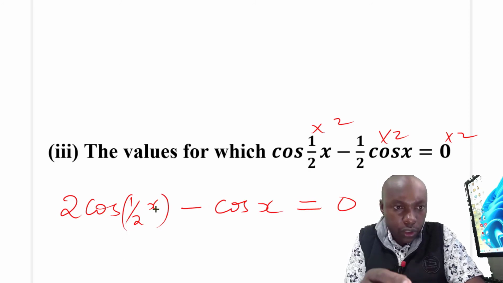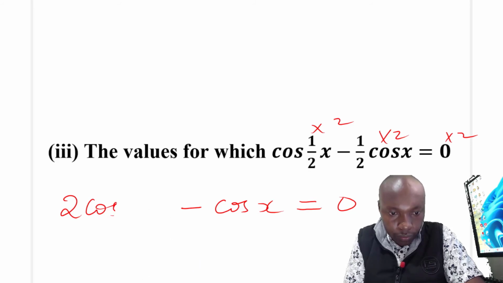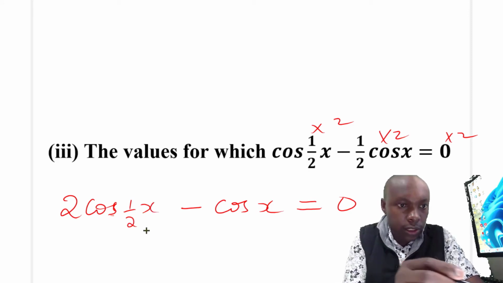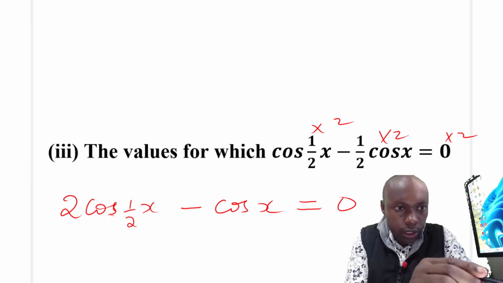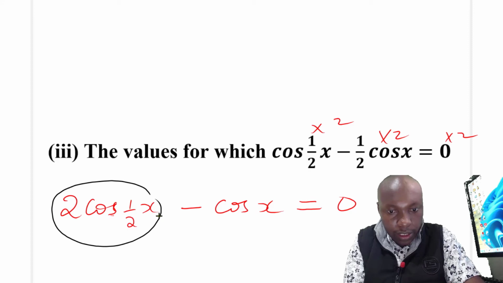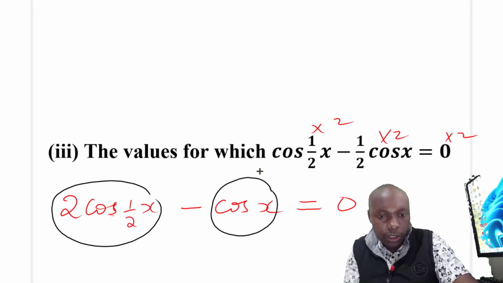Now you don't need to put this bracket here, you can remove this bracket. So cos half x. There's something that you will notice by just a keen look at this: this is the equation of the two curves.